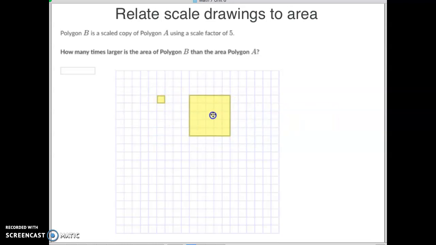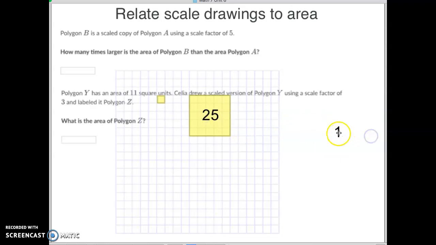You'll notice that this one is 1, 2, 3, 4, 5 going this direction and 1, 2, 3, 4, 5 going this direction. Notice that the area of this polygon is 5 times 5, which is 25. So the area is 25 for this polygon, while the area for the other polygon is just simply 1.